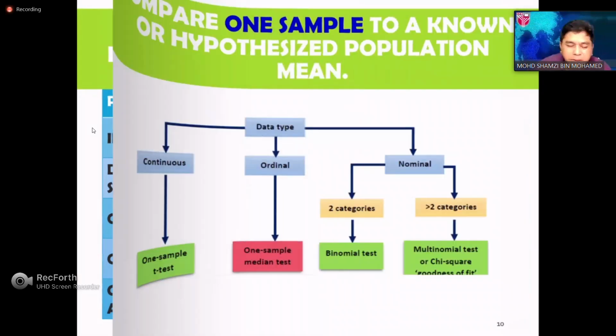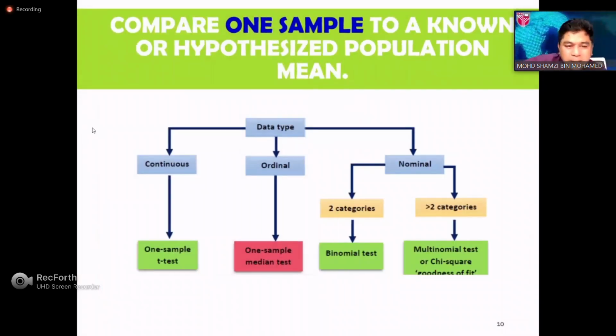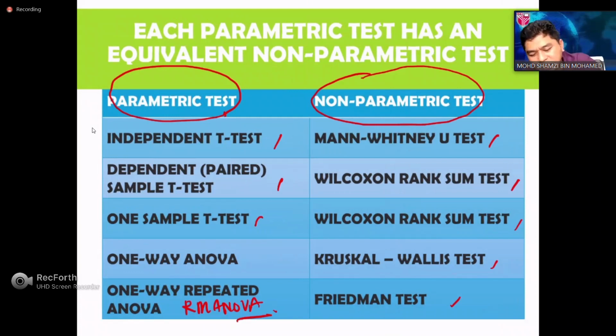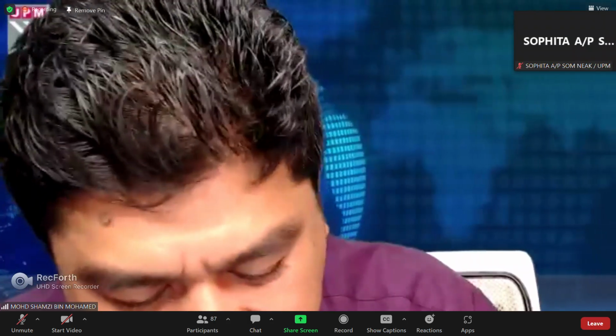Now, one sample t-test. Let's say the counterpart, if you have continuous type of, ooh, what happened? Ooh, sensitive. Oh, sorry. Oh, what happened? Okay, wait a moment. I need to stop sharing first.